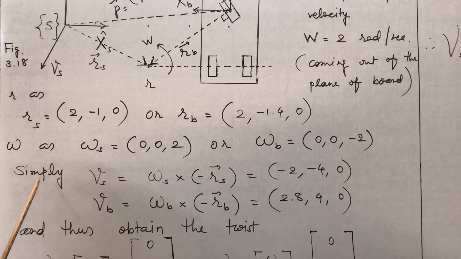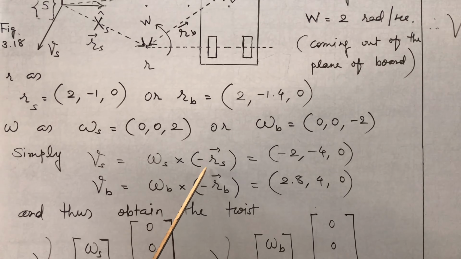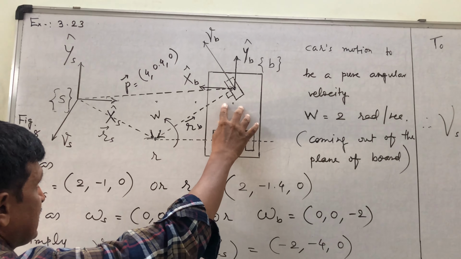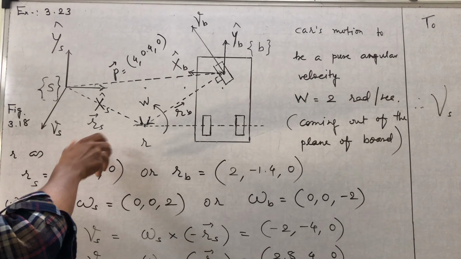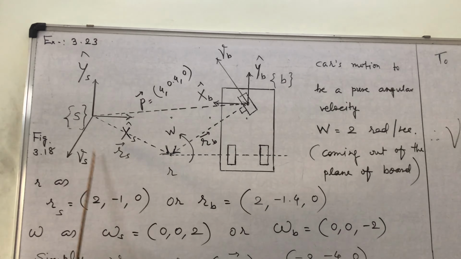We have discussed already. So simply we can represent Vs as omega s cross minus rs. Because if we consider this car stationary, then this stationary frame is rotating about this, and this is the origin, and this is the vector, so minus rs.